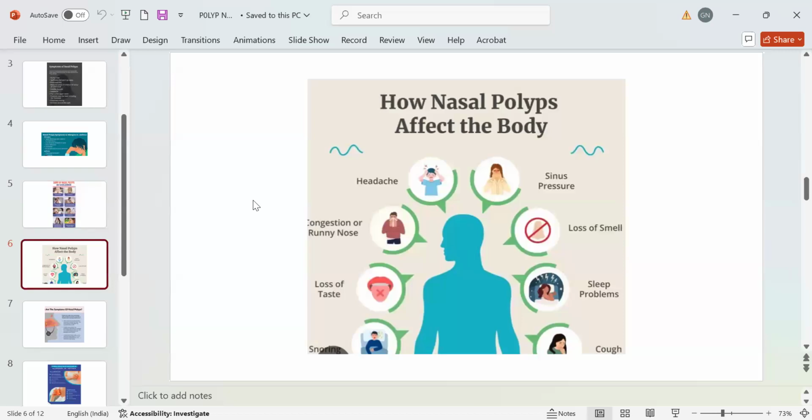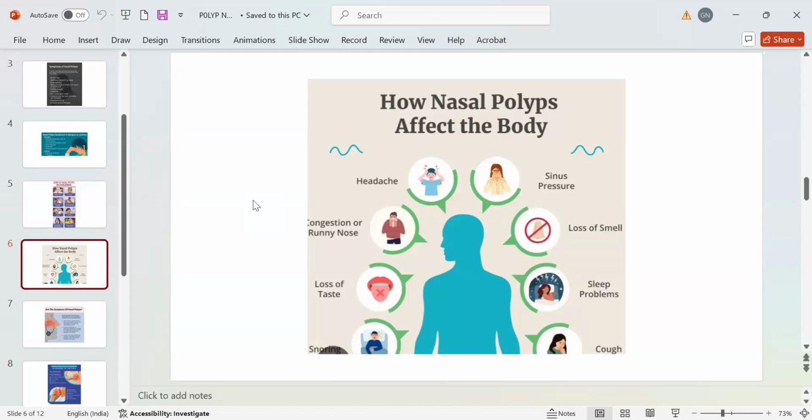Ma'am, mucus plugging, it affects the respiratory system and intestine. The secretions are blocked and accumulated, right? Yes, ma'am, thick mucus we will see over there.